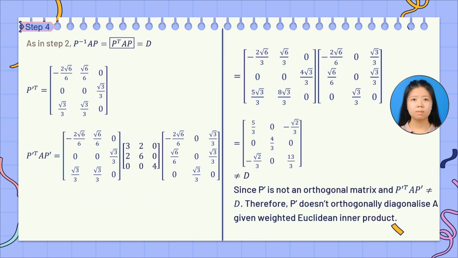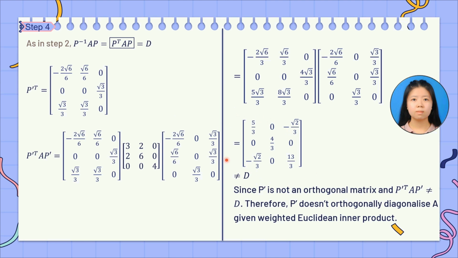Here comes our last step of question 7. We need to find out whether P prime transpose times A times P prime equals D, by using the knowledge of topic 4.3 that we already used in step 2. We find the transpose of P prime, substitute P prime transpose, A and P prime into the equation and calculate.